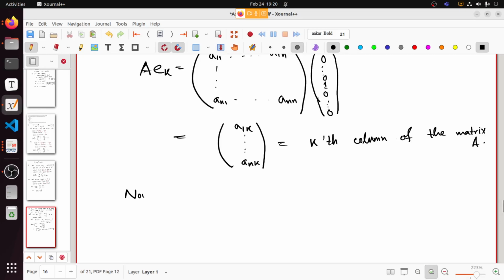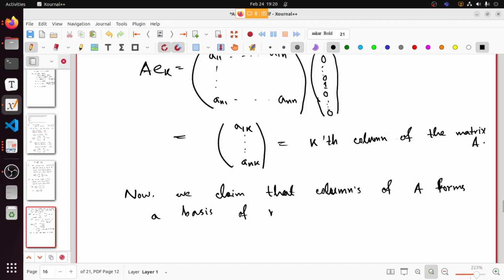Now we claim that the columns of A form a basis of Rn.